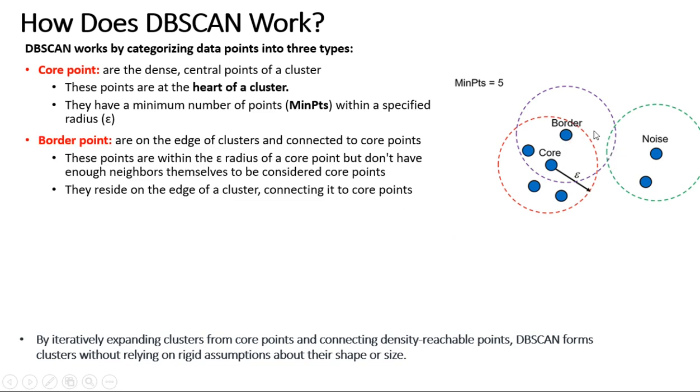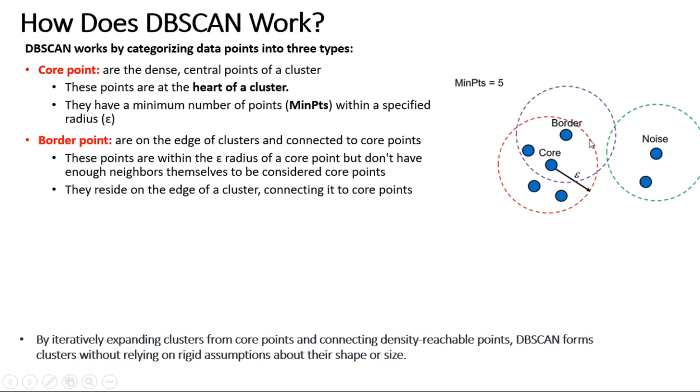Now there's one more point called a border point. The points here can be called border points because they are very close to the border of the red cluster. Border points are on the edges of the cluster and are not core points. These border points are within the epsilon radius. Because it's on the border, definitely it is within the radius.